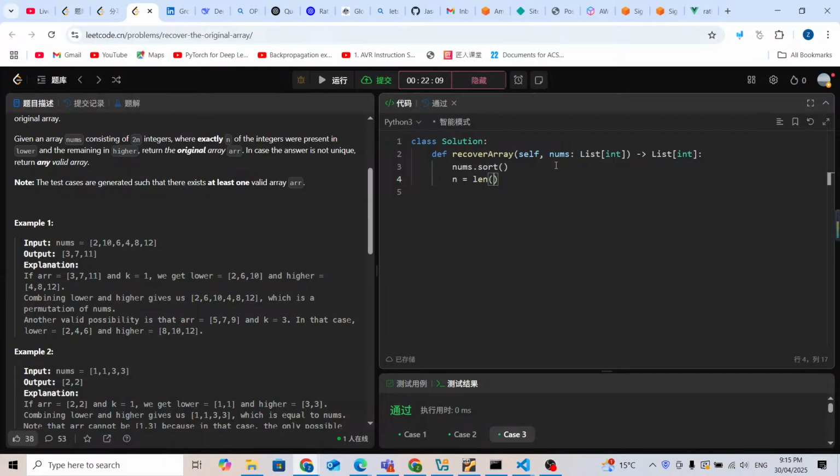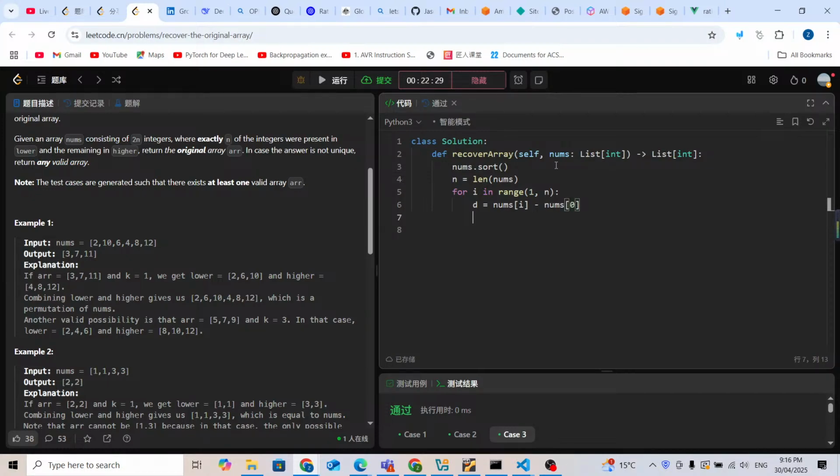So n is going to be the length of the nums, and then we're going to enumerate the second number, i from 1 to n. We're going to prepare a difference, which is nums[i] minus nums[0].